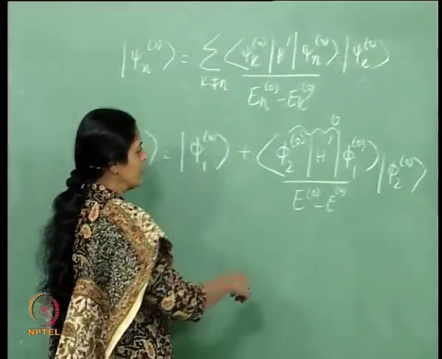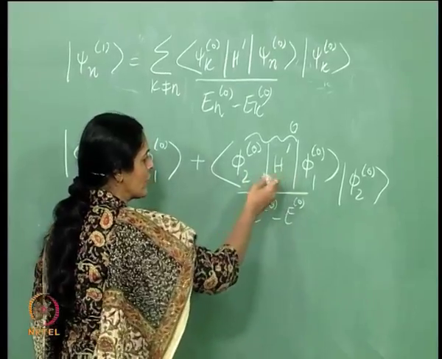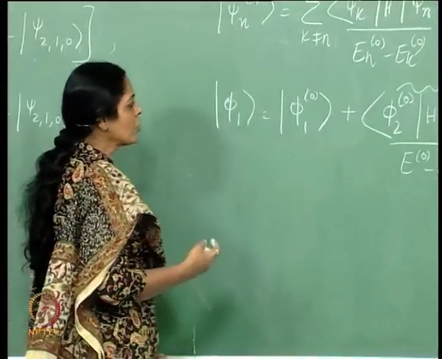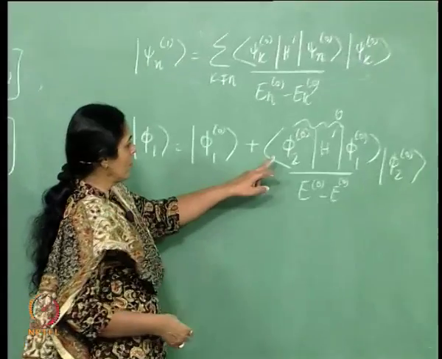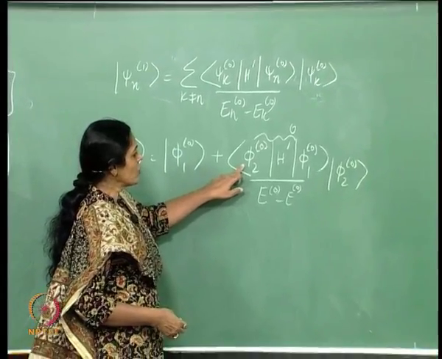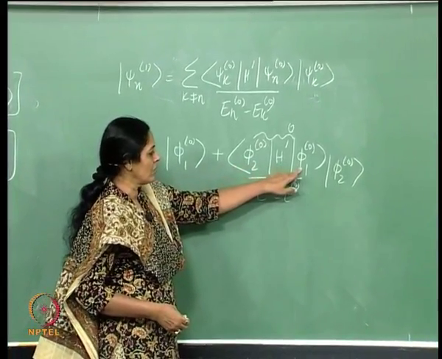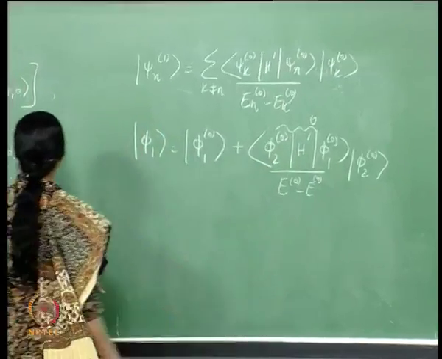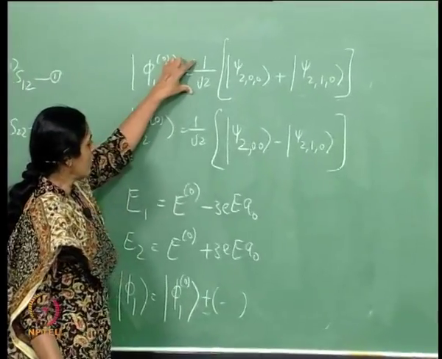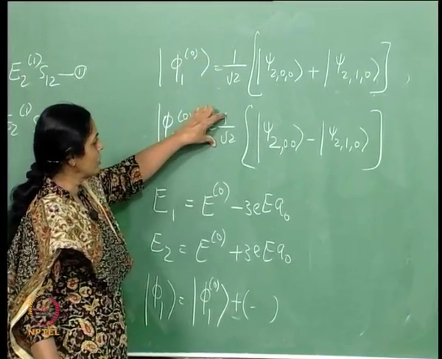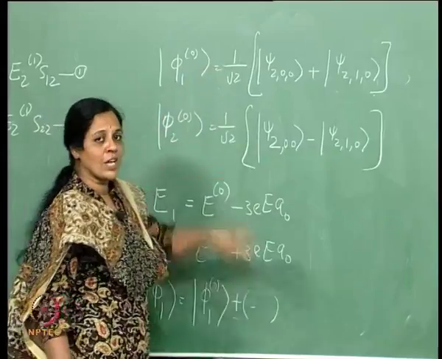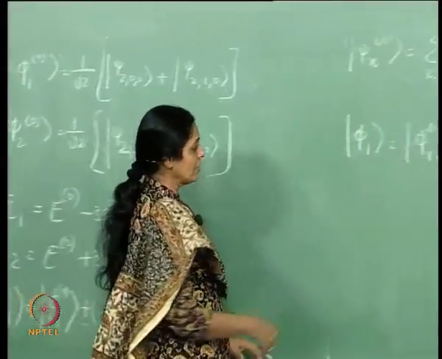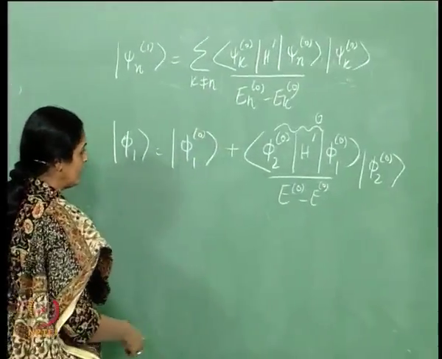it will be evident that in the superposition the only contribution will be from psi 2 0 0 here and psi 1 0 0 there, psi 2 1 0 there, or vice versa. You will simply get a 1 by root 2 times 1 by root 2 for the first term and a 1 by root 2 times minus 1 by root 2 for the second, and therefore the numerator is 0.